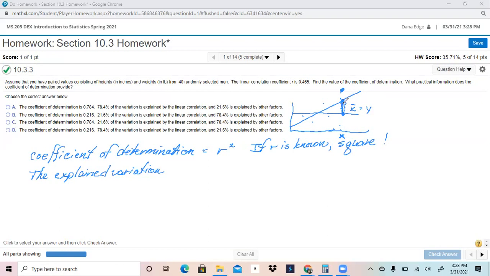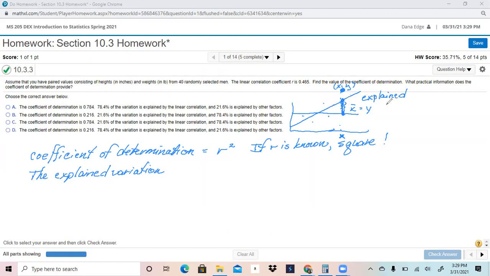the distance between the mean and the regression equation value is the explained variation. This is how much the value of this y, this point xy, it's how much the y value varies based on the regression equation explaining it.